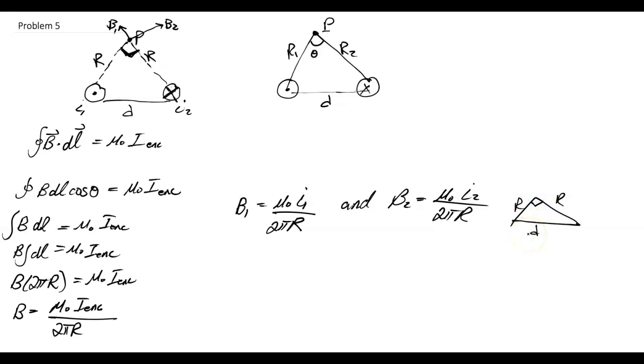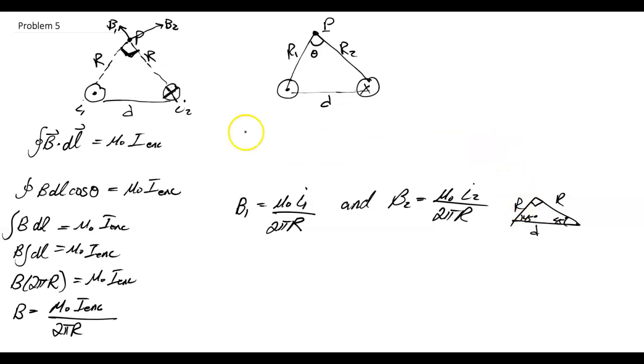Because these distances are the same, the angles in here have to be 45 degrees, right? Because the total angle in a triangle must be 180.